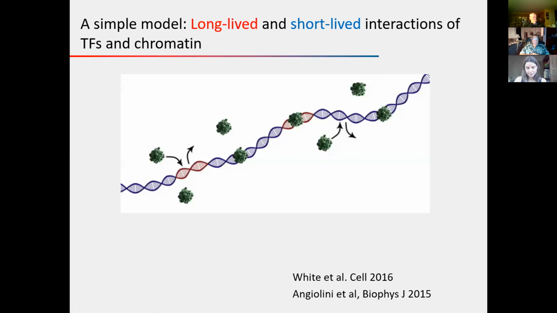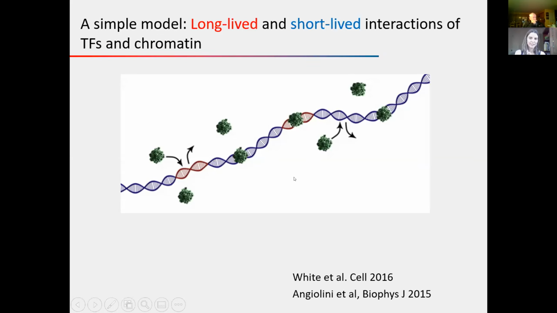Just making a very long story short, we were studying the dynamics of other transcription factors in the nucleus, and we analyzed many curves. We did some simulation, and we could verify that the autocorrelation data could be easily explained with a very simple model that takes into account the interactions of the transcription factor, in this case the GR, with long-lived and short-lived sites.